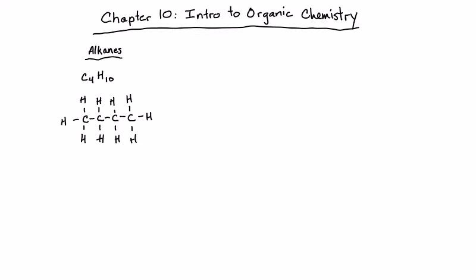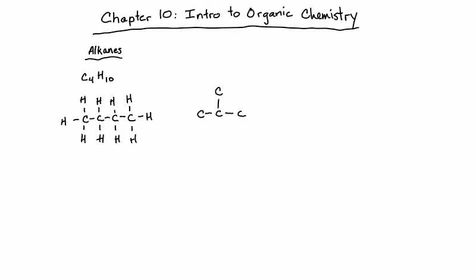Now it turns out that this is not the only structure we could draw that has 4 carbons and 10 hydrogens. For example, instead of having 4 carbons in a row, we could have had 3 carbons in a row, with 1 carbon coming off of the middle carbon of that chain.